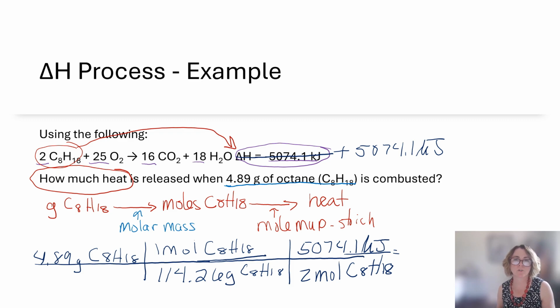If I had told you delta H was positive, then it would have gone on the reactant side of the equation, and it would be endothermic. But from here, I can just go ahead and plug all my numbers in and get my answer.